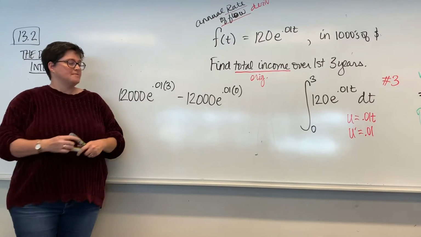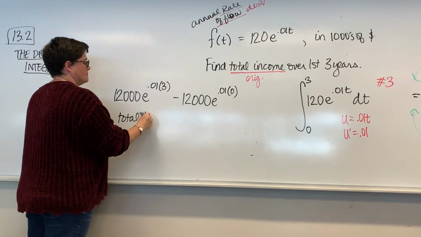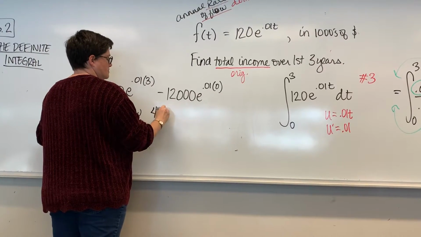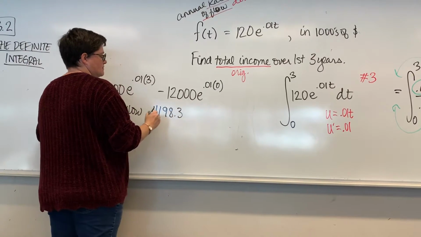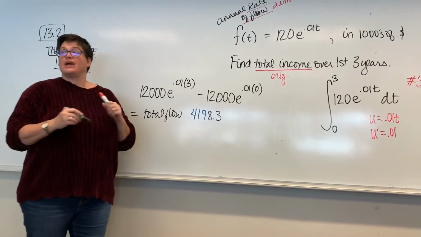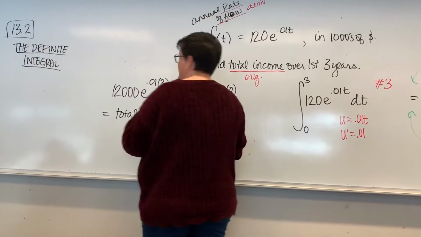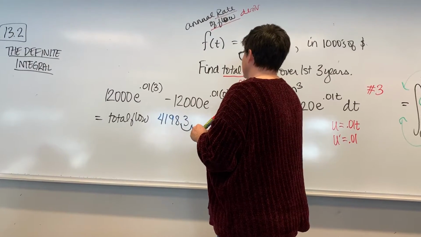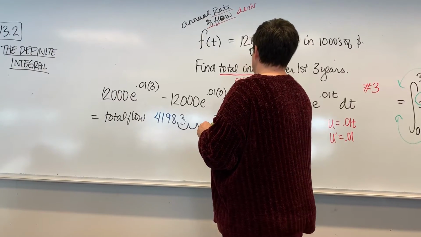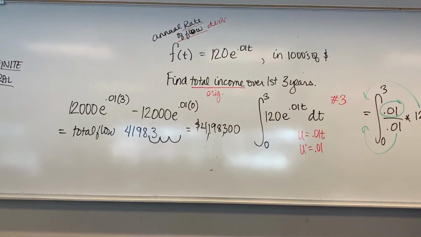Okay? What's my answer? I got 4198.3, but this is over the first 3 years and it's in thousands, so careful. You're going to want to move that decimal 3 times. Is that right?